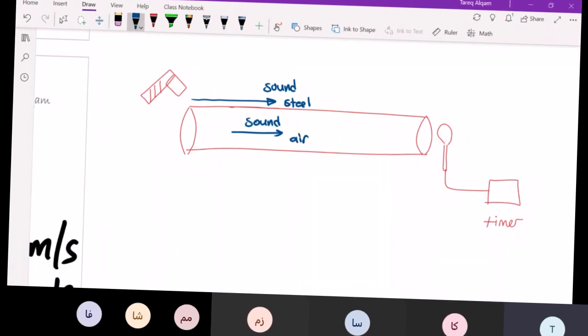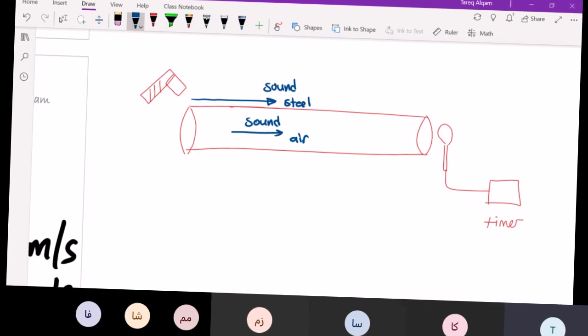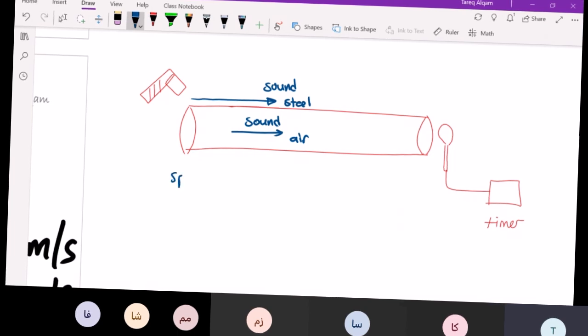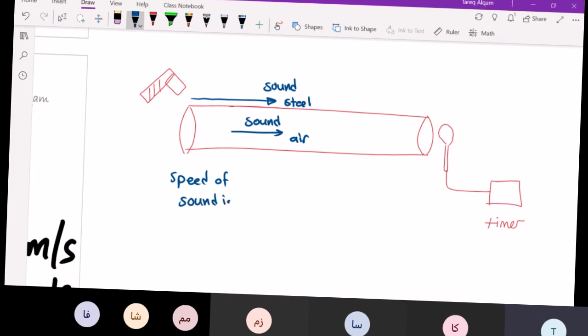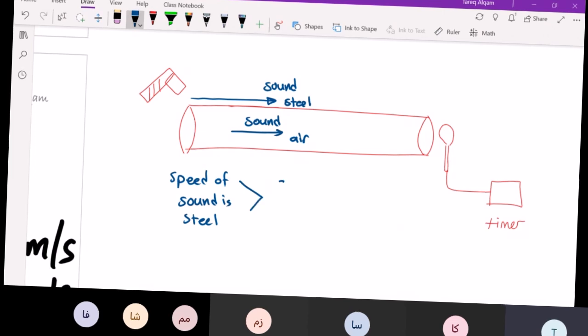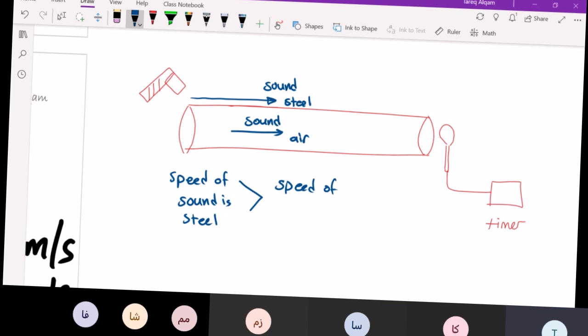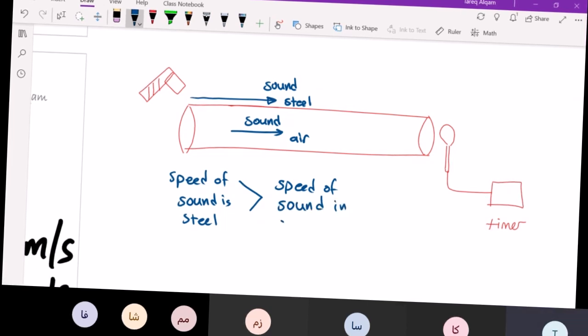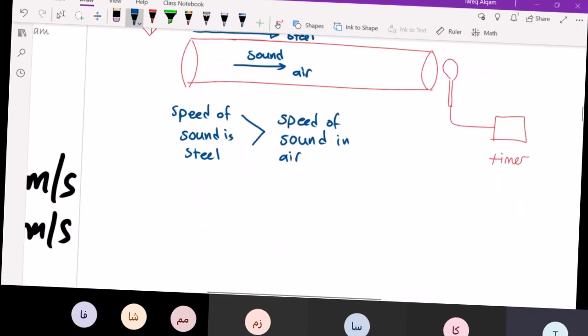The microphone will receive two sounds. Sound travels in steel, then the sound travels in air, because the speed of sound in steel is larger than the speed of sound in air. Clear? This is why there is a delay.